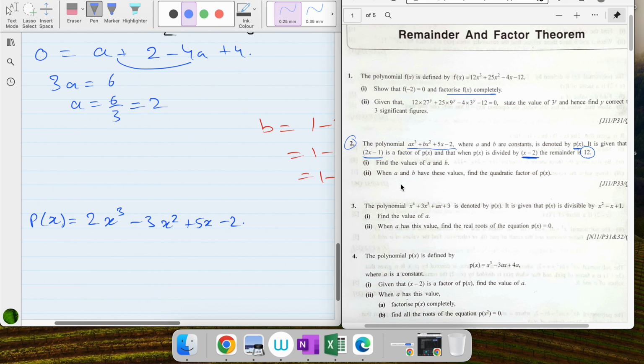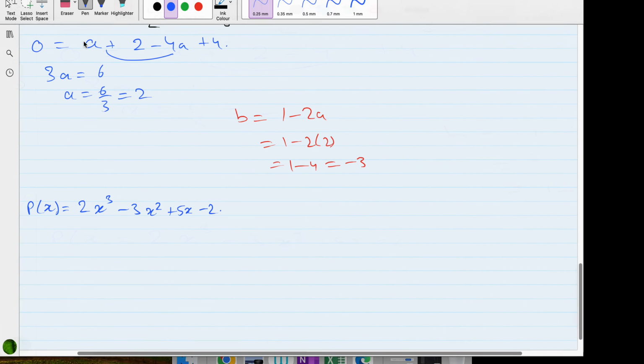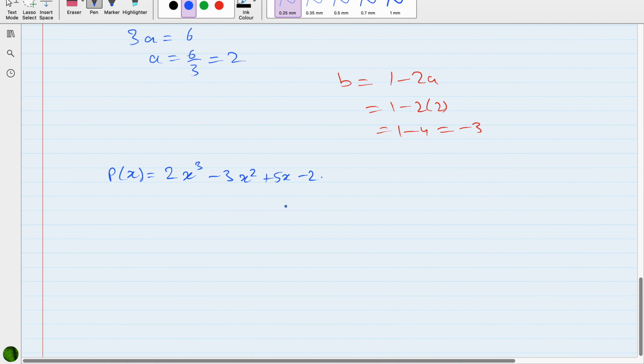And it said when a and b have these values, find the quadratic factor. We know 2x minus 1 is already a factor. So now we go for long division and use 2x minus 1 as one of the factors.